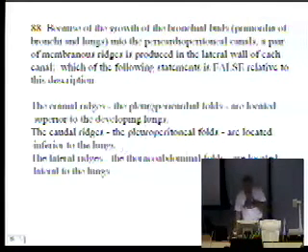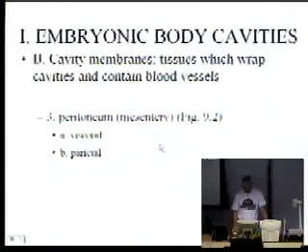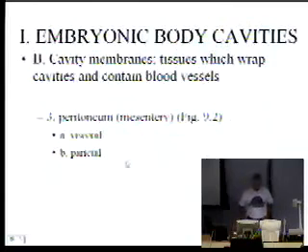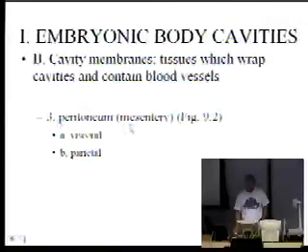So there's two sets of folds that are going to contribute to closing off this continuous horseshoe-shaped tube that we have to separate the pericardial cavity from the pleural cavity, and then ultimately as well from the peritoneal cavity. So we can switch over to talking about the peritoneum.